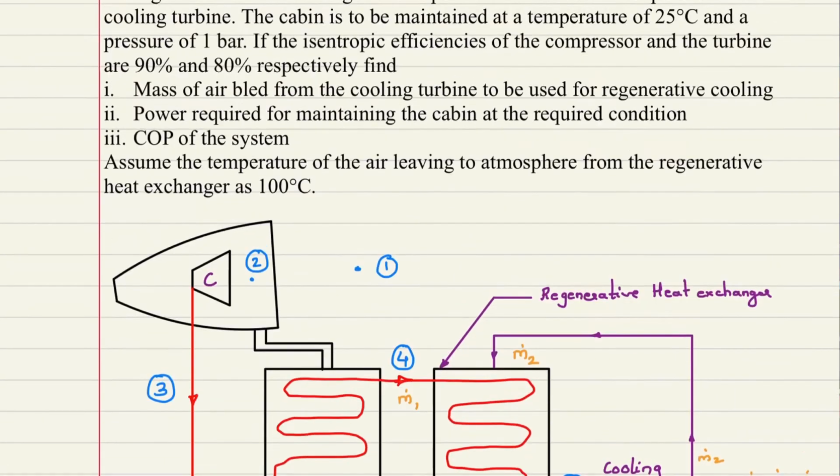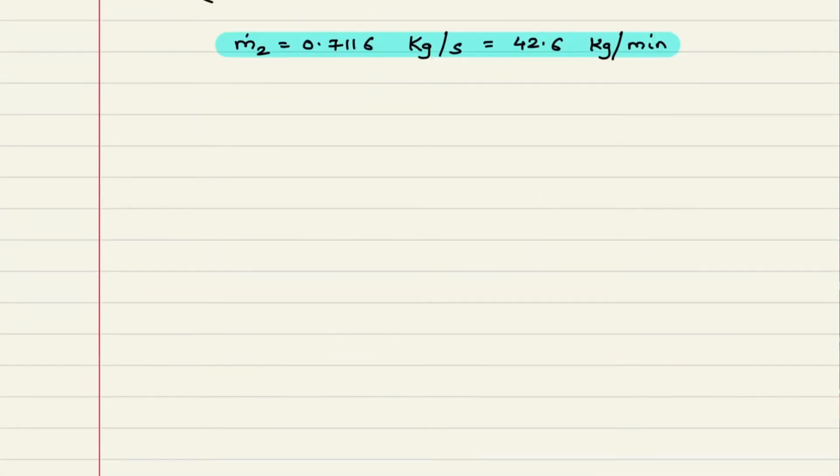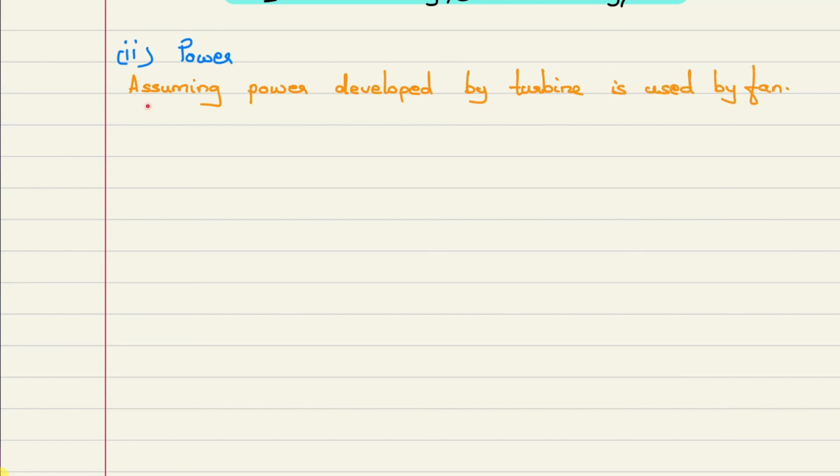So we will write down the next heading: calculation of power required for maintaining the cabin at the required condition. Now here we have to write down the assumption: assuming power developed by turbine is used by fan.